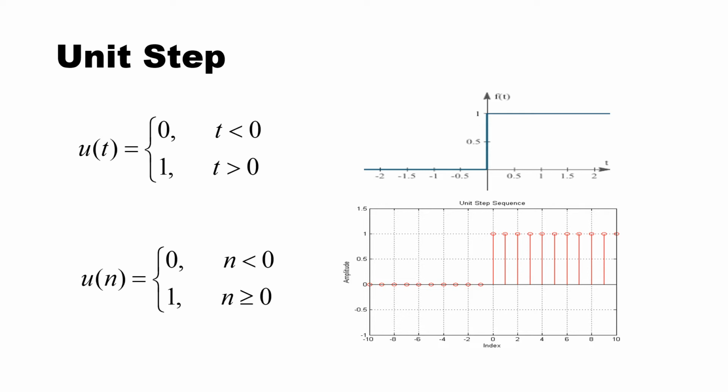So this has a discontinuity, or this is undefined at t is equal to 0, but this is defined at n is equal to 0. ये एक बुनियादी फर्क है यूनिट स्टेप फंक्शंस का continuous time में और discrete time में.